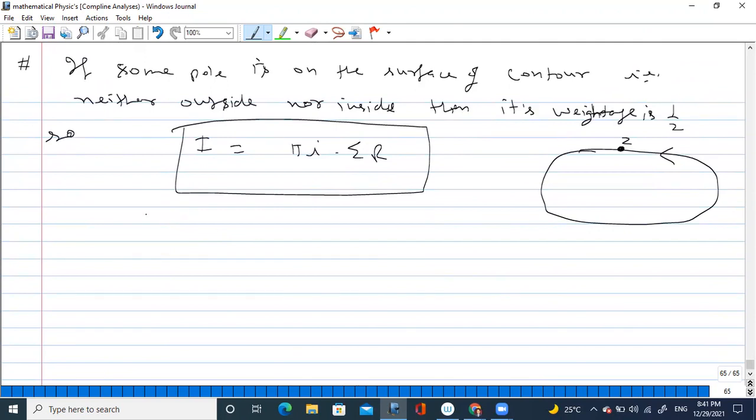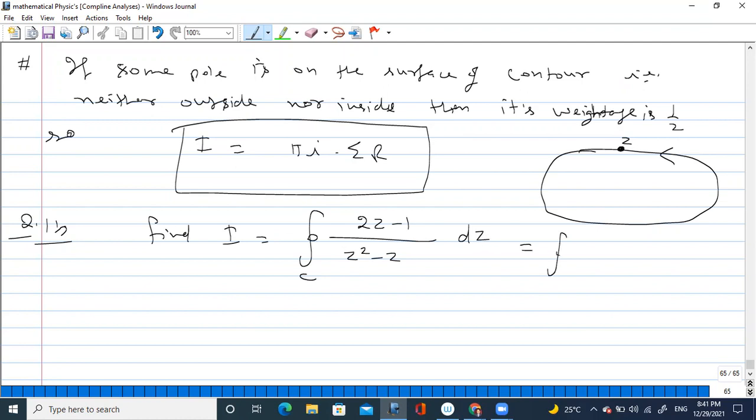Now we will solve some problems, then you will find out how we can do it. Question number 1: find the integral I of (2z minus 1) divided by (z square minus z) dz. This is of the form f(z) dz, and I can find it by the Cauchy integral formula.